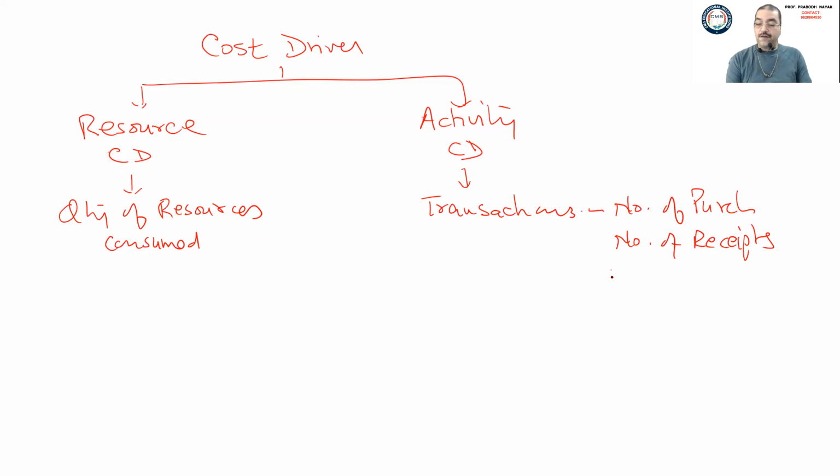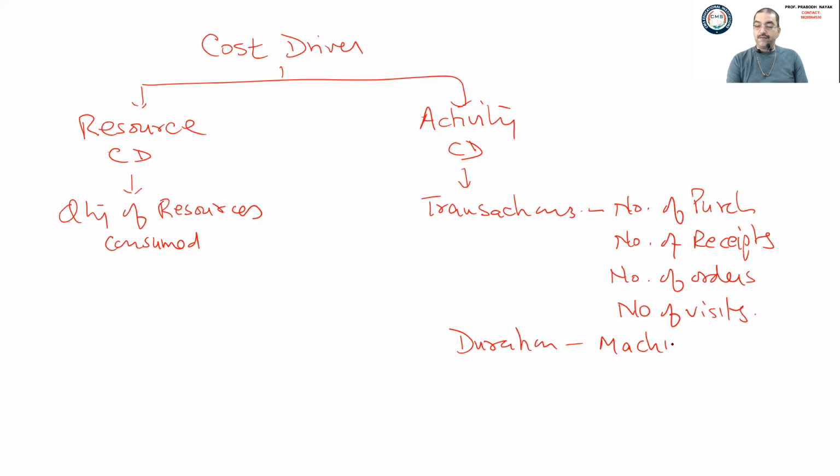Number of orders processed. Number of visits to customers. The transactions involved. Or I have duration. Duration means what? For example, machine hours, or inspection hours. Duration, time of a particular activity. So that is called activity cost driver.